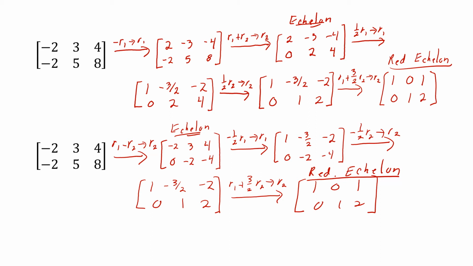So here's a key thing to remember. Reducing a matrix, you can always get it into echelon form and reduced echelon form. The echelon form will depend on the operations. You can come out with different matrices in echelon form. If you go all the way to reduced echelon form, you will always end up with the same matrix every time, no matter how you get there.